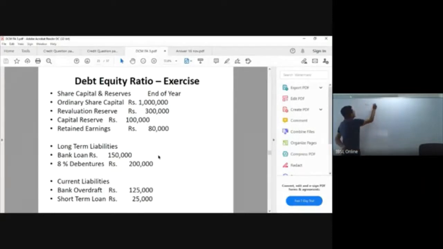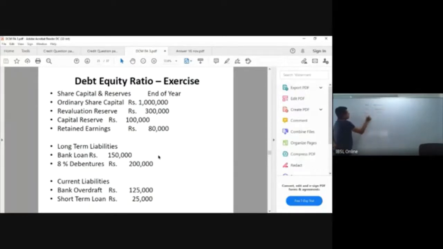Equity capital 1,480,000. And the long-term debt capital, you have 350,000. Then short-term debt capital, 150,000.